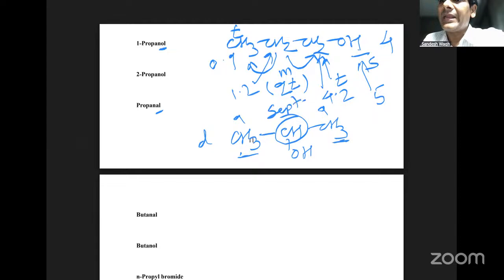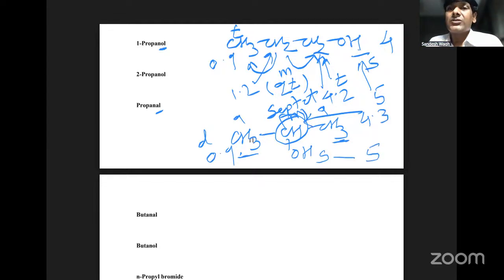Septet is for the CH. This OH is your singlet. This way you can easily write down the splitting pattern, or you can write septet as a multiplet also. Chemical shift value: this will be 0.9. The middle one is attached to the O, so it will be 4.2, 4.3, and this OH will be 5, or maybe 4.5. That depends. So this is all about 1-propanol and 2-propanol.